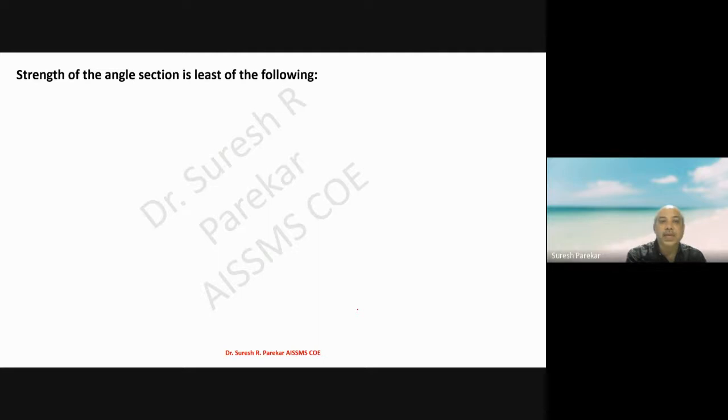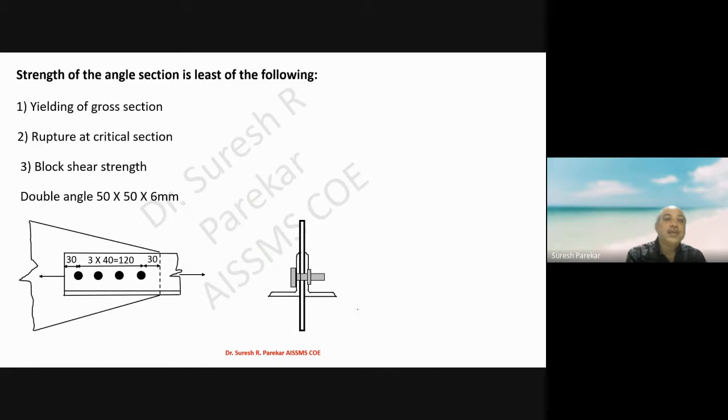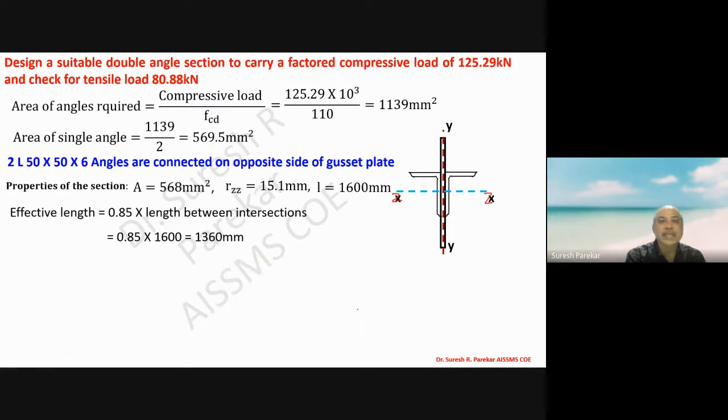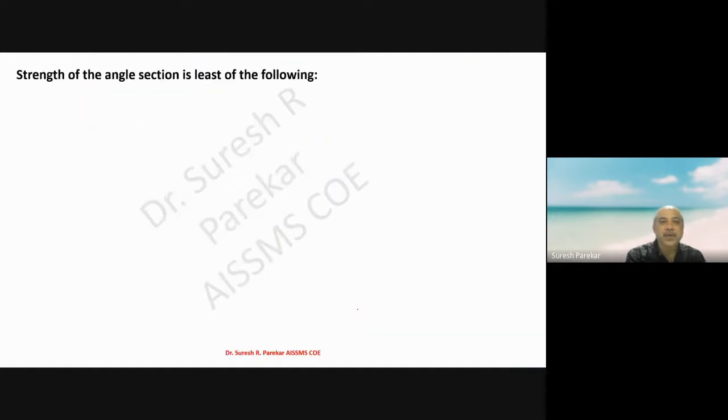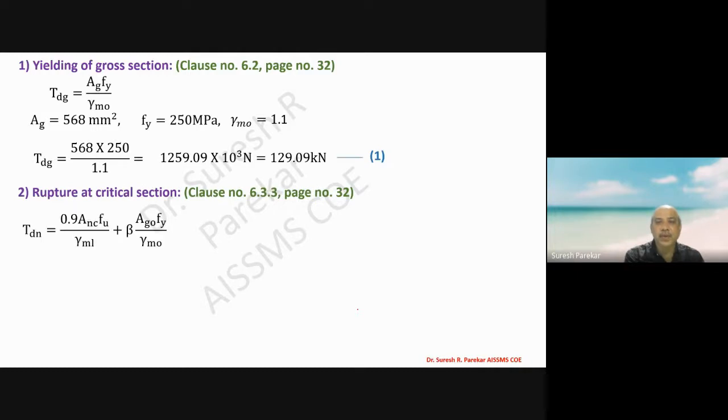Now we have to check the minimum of the three, yielding, rupture, and block shear, for tensile force. The tensile force for this member is 80.88. I have the same connection, I have not changed it, I kept it as 4 only, and from this we get yielding of cross section value 129.09.